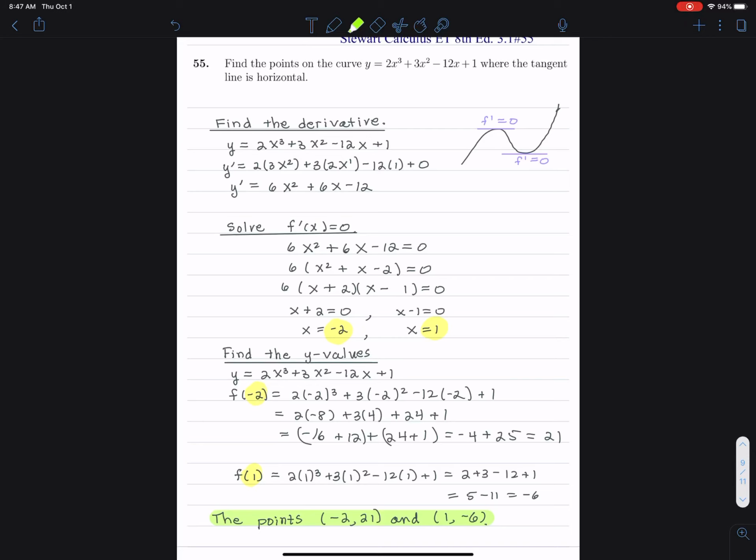You can use the quadratic formula if you need to. And it's true, there might be no real zeros, but we can see that if we use the quadratic formula, we'll have the square root of a negative. So if there's no real zeros of this derivative, that would mean there's no places where the tangent line's horizontal.